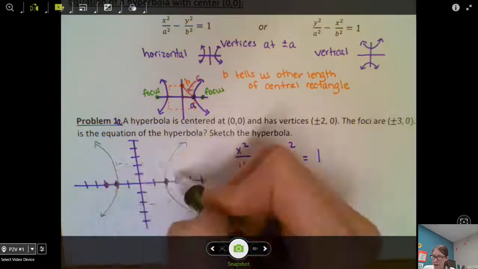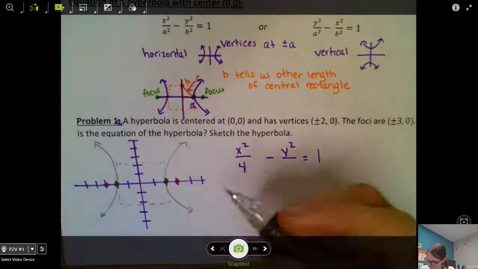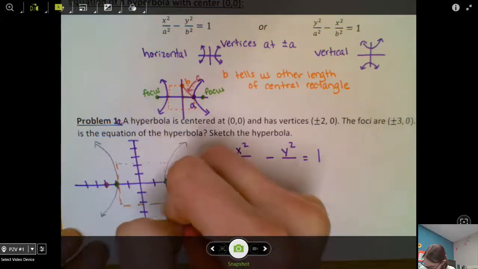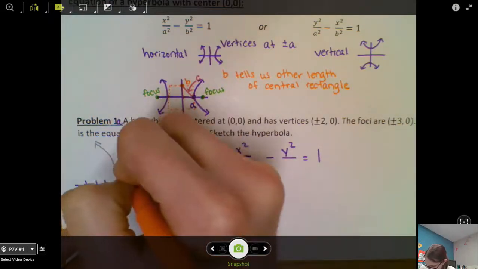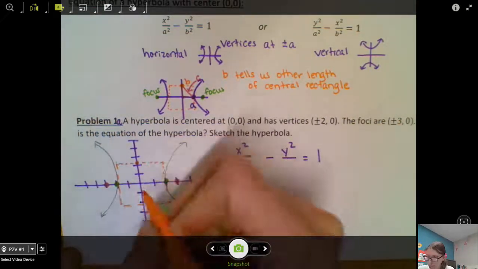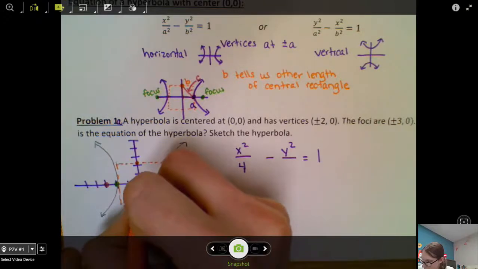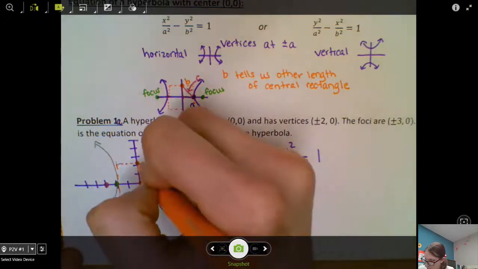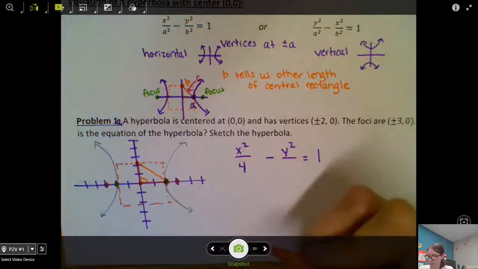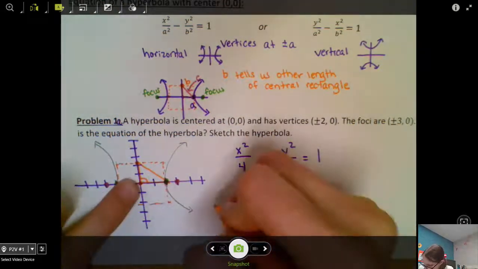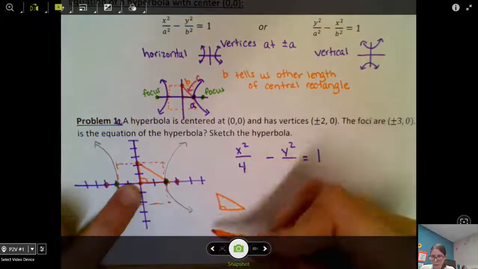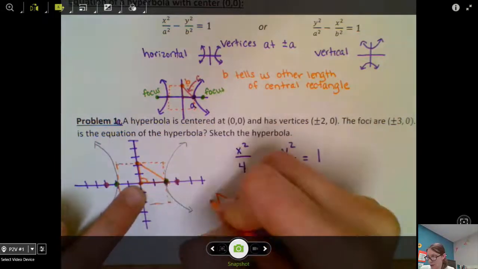But wherever the central rectangle goes, if I draw it in like this for now, wherever the central rectangle goes, this height of the central rectangle, the origin, and our vertex form our right triangle. I'm going to pull this right triangle out to the side, and we'll work with it separately. Looking at my right triangle, I don't know what my height is. That's what I'm looking for.